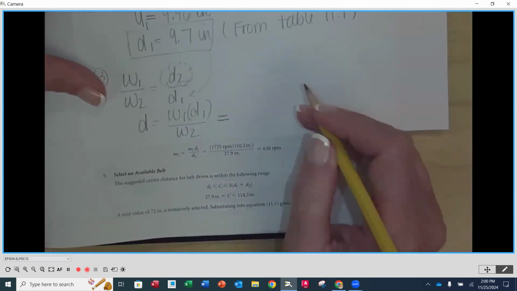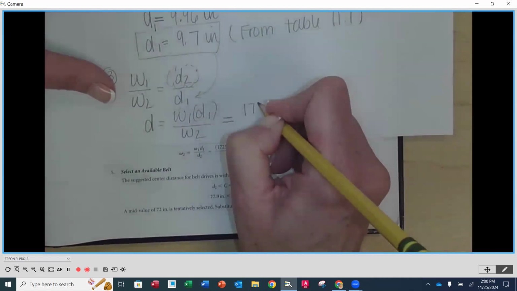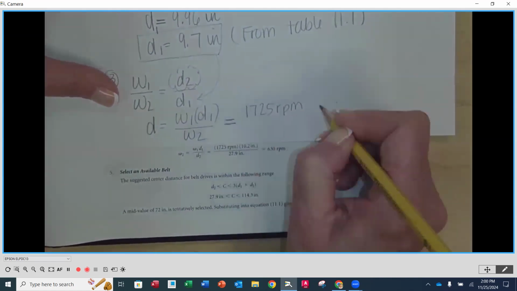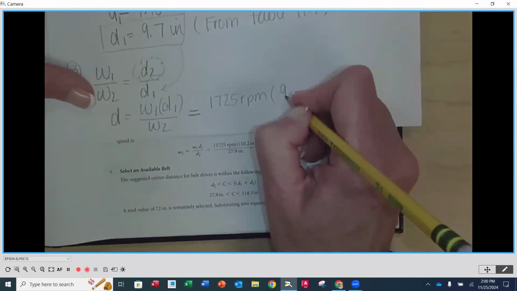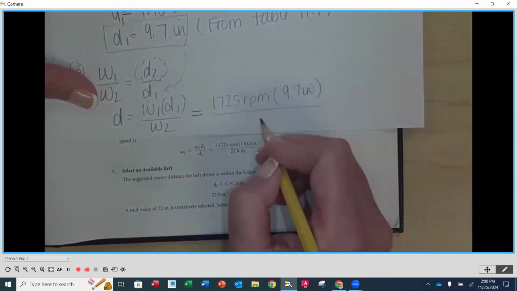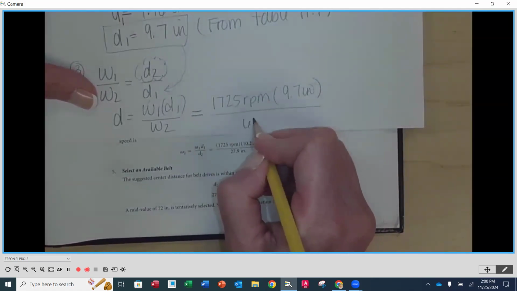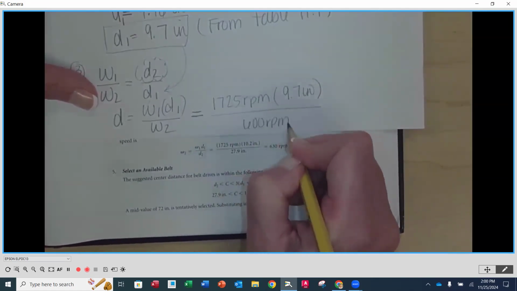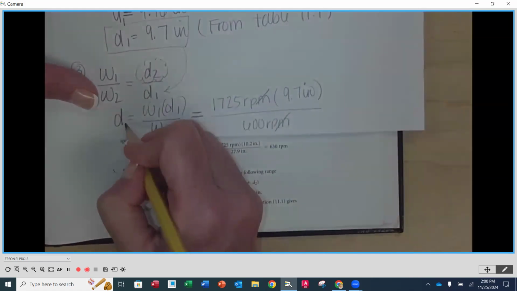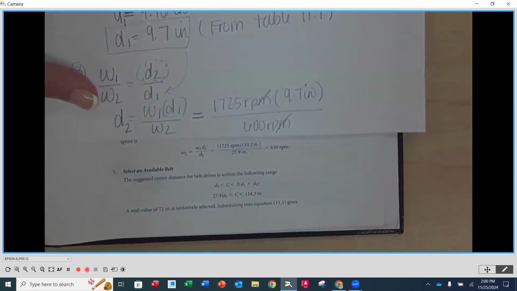Right. So now we're going to put our values in here. 1725 RPMs times 9.7 inches divided by 600 RPMs. RPMs cancel, and we're left with inches. Is that a good number for a diameter 2? It is. Yeah.